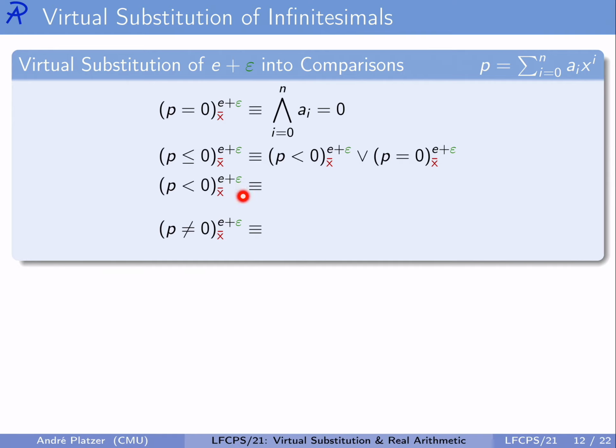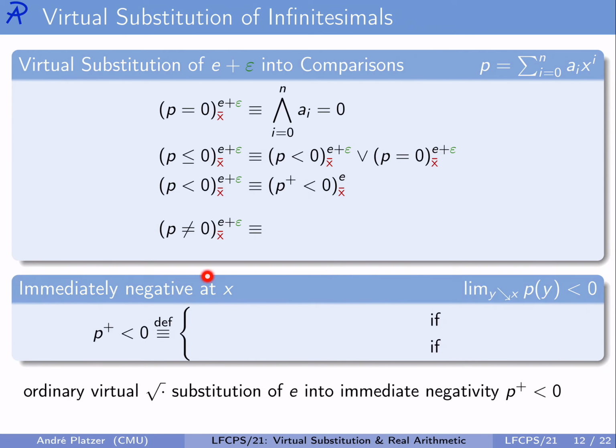Well, we again punt on that for a little while and define whether p is immediately negative at x. So just a tiny bit right of x, is p negative?